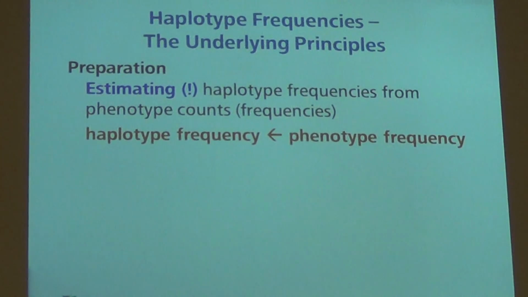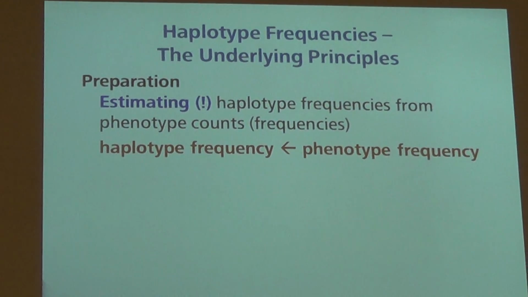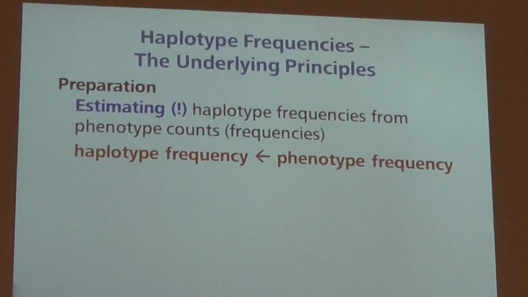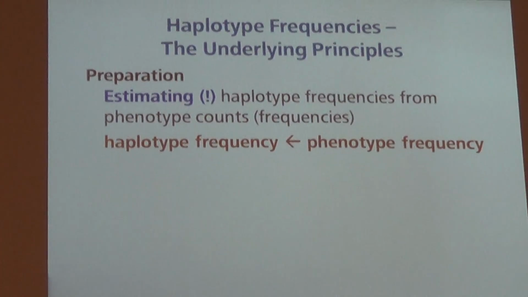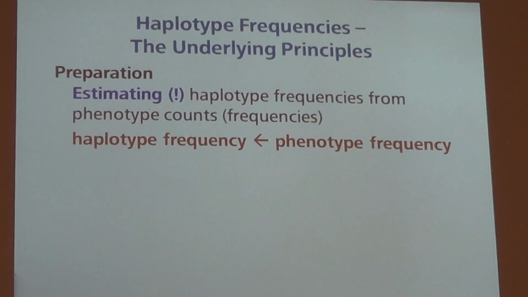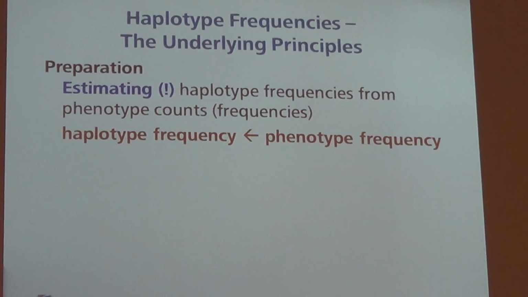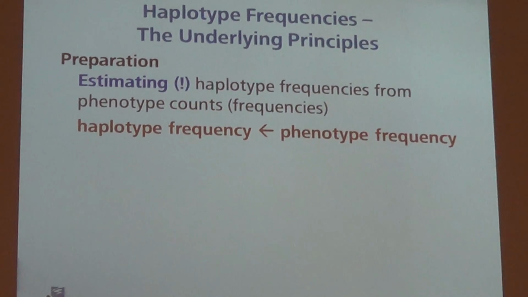The underlying principle is that you can estimate haplotype frequencies even if you don't see them, if you are unable to observe them in the sample that you have. This is roughly like a CAT scan, where you have a single planar picture of a three-dimensional body. You never can infer the structure from just that.